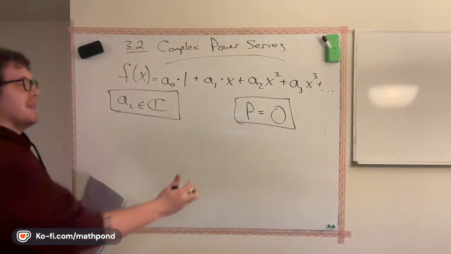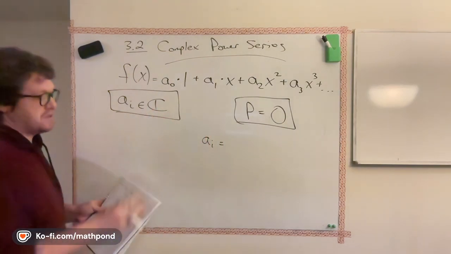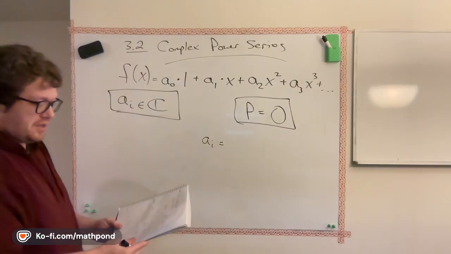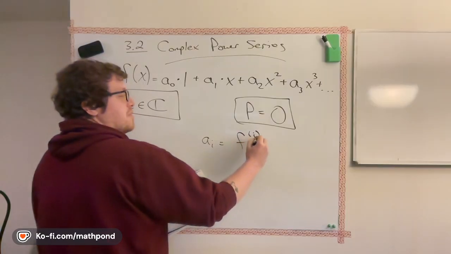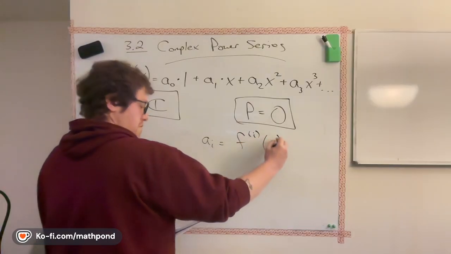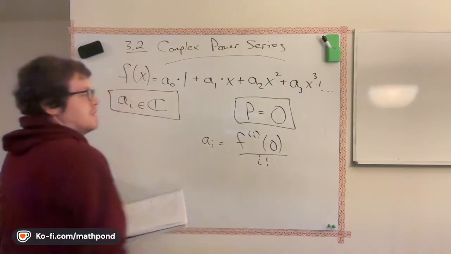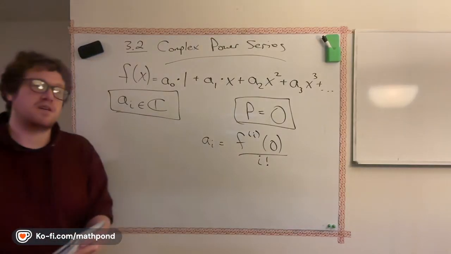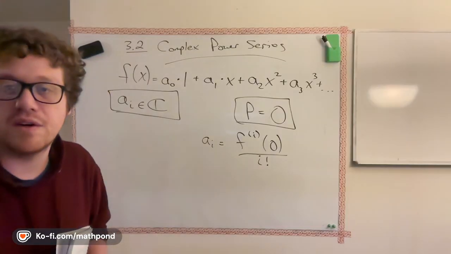We can look at the coefficients, which are, in the real case, but the same type of thing applies here, the ith derivative at 0 divided by i factorial. And then this gives us our Maclaurin series or Taylor series expansion around 0.